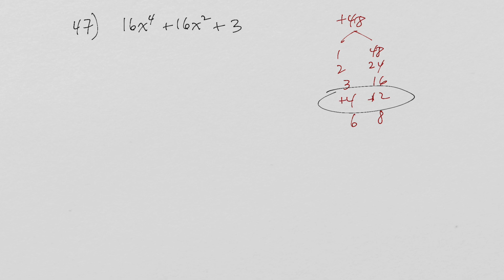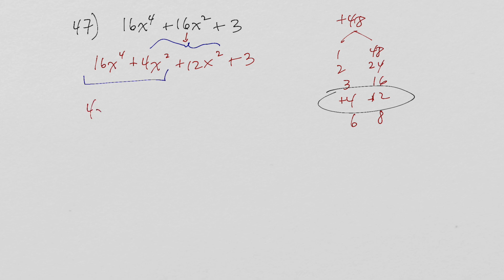So I'm going to break up this middle number with those. So I'll have 16x to the 4 plus 4x squared plus 12x squared plus 3. These numbers are my 16x squared. And I'll break up that by taking out a 4x squared. And I'll be left with a 4x squared plus 1.